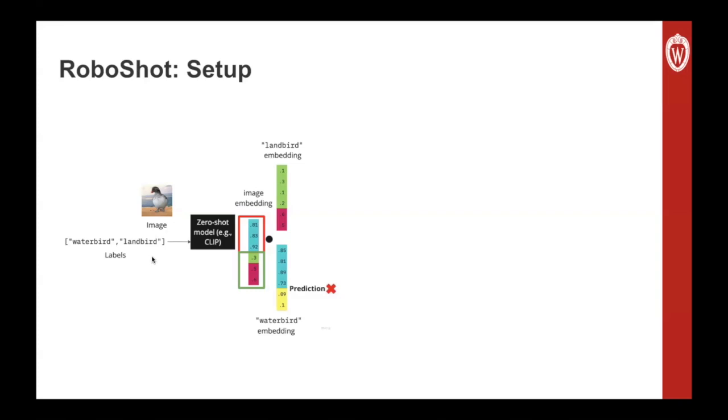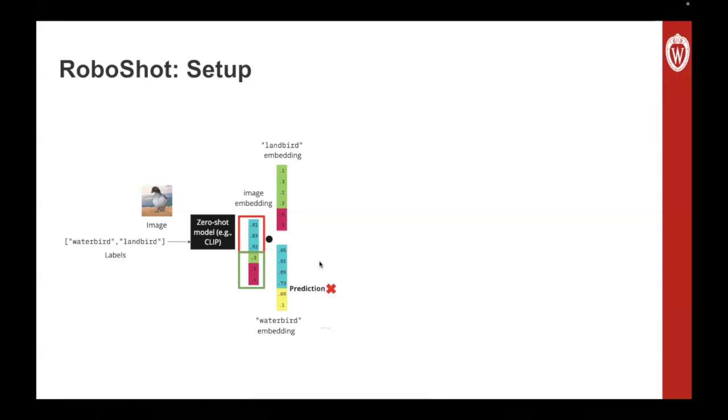So for example, here in the embedding produced by CLIP, when we give the image of a land bird in front of water, there are water components in the embedding and also bird components in the embedding. So the CLIP-based model, because there's a higher similarity between the water bird embedding and the image embedding, could make a wrong prediction.